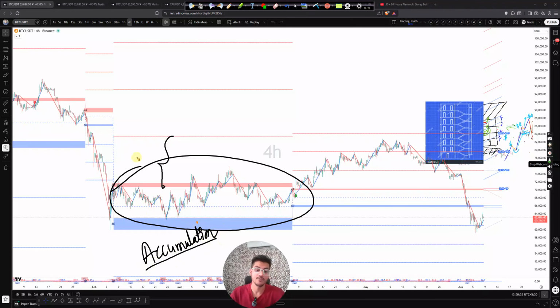accumulation, that's why we call this accumulation, you know. And this is your support for that accumulation. Okay, this is your resistance. Okay, you see red line here and you see blue line here.